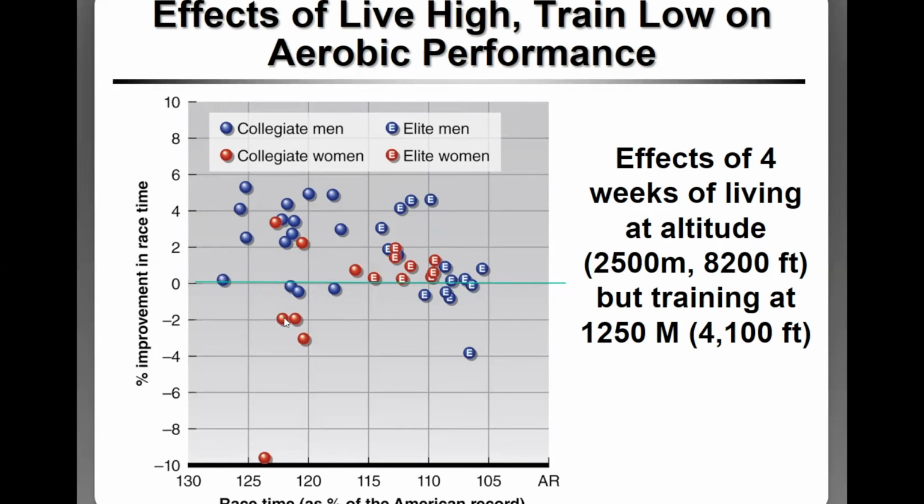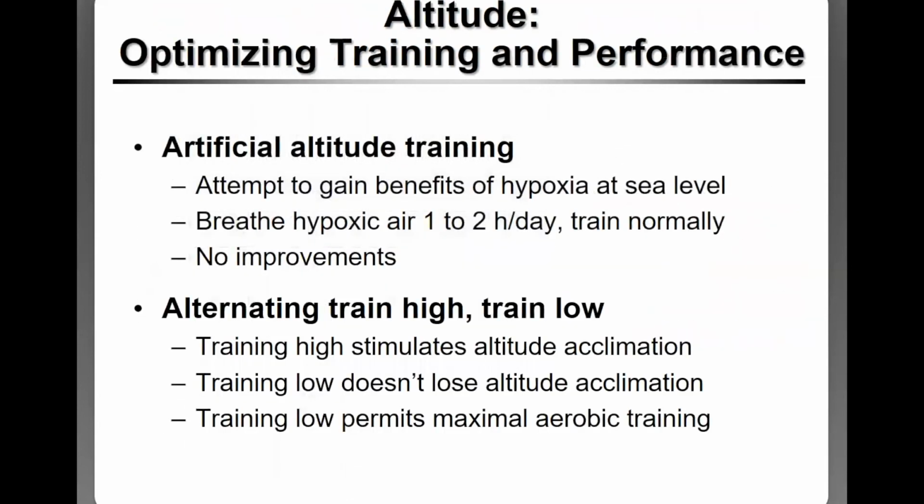So for example, for this data point, this indicates that this female collegiate athlete had a 2% decrement in race time. So on the whole, it suggests that most athletes will benefit from living high and training low, and there'll be a handful of athletes who will have the opposite response. So living high and training low will be specific to your athlete and would need to be determined based upon how they respond to this type of training regimen.